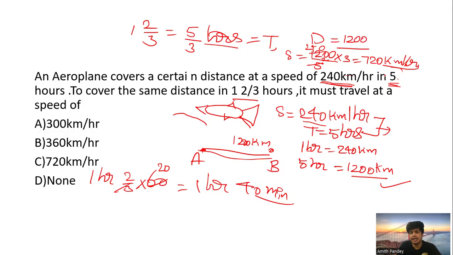So in 2.5 hours he has to increase the speed to 480. But here the time is even less than that, almost half of 2.5 hours, that's 1 hour 40 minutes. So the speed will be more than that. As you can see, there is only one option which is more than 480. But there is one more option, none. So try not to take the risk. It's better to calculate.